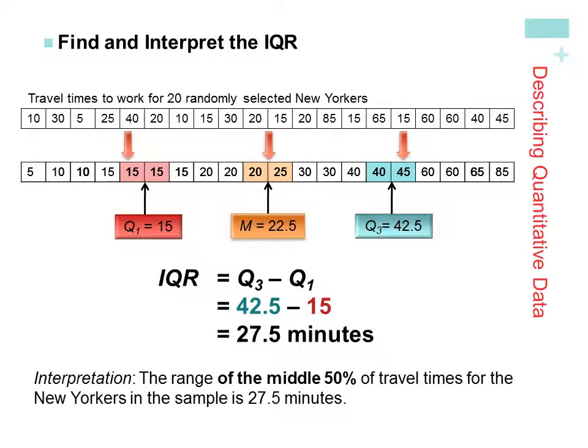The interpretation is the range of the middle 50%. That is really important because you want to tell the reader exactly what you're looking at. So the range of the middle 50% of the travel times for the New Yorkers is 27.5 minutes. So the middle 50% only ranges 27.5 minutes.